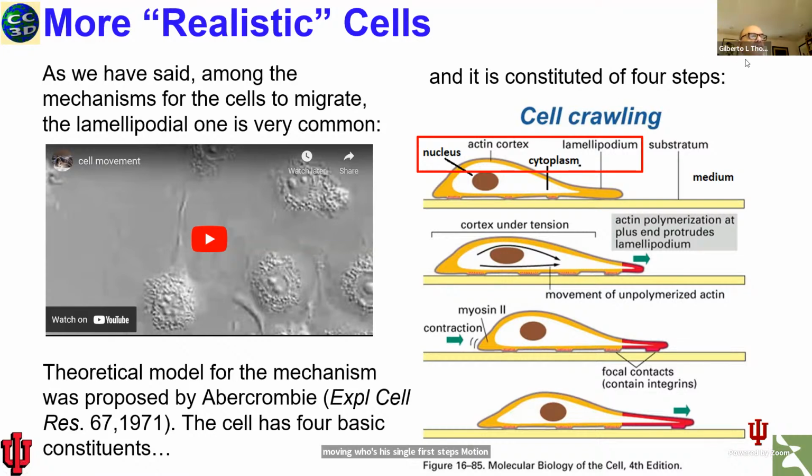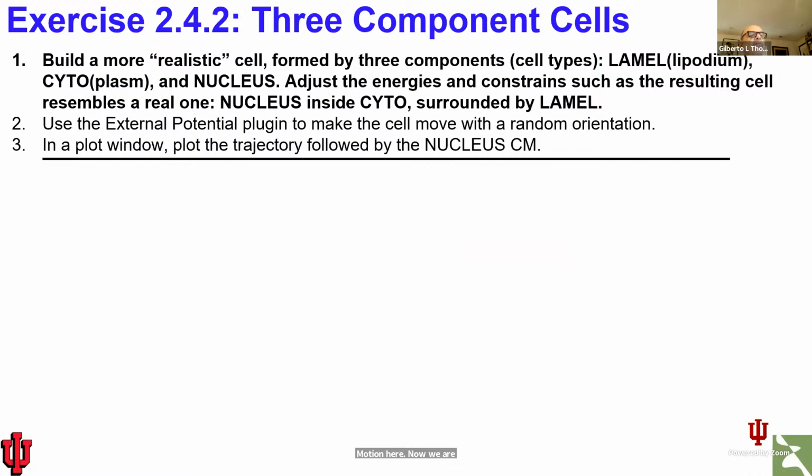Now we are going to build a more realistic cell, which is composed by 3 kinds of cell. We will have the cell type lamellipodium that I call lamel, cytoplasm, and nucleus.